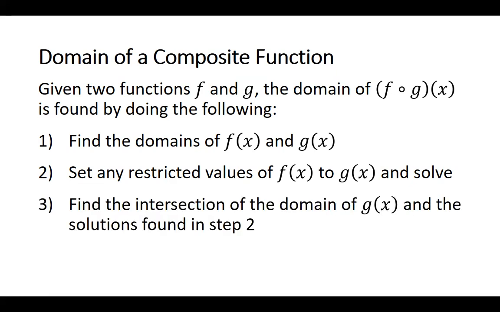Third, find the intersection of the domain of g of x and the solution found in step 2. Basically, any values that are not allowed for g of x can't be in the domain of this composed function, but also any values for g of x that will create a problem for f of x also cannot be in it.